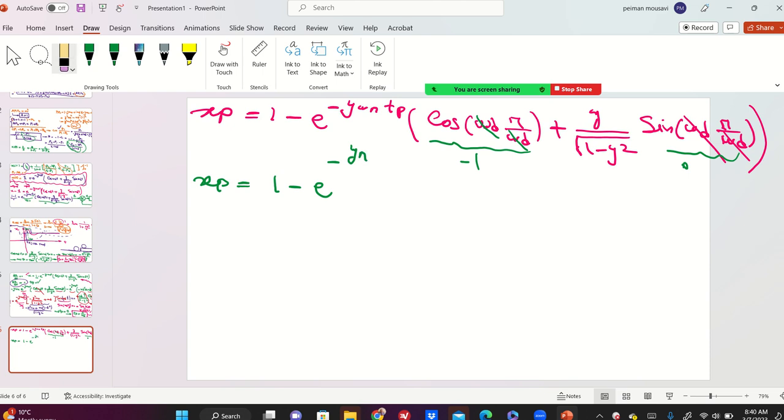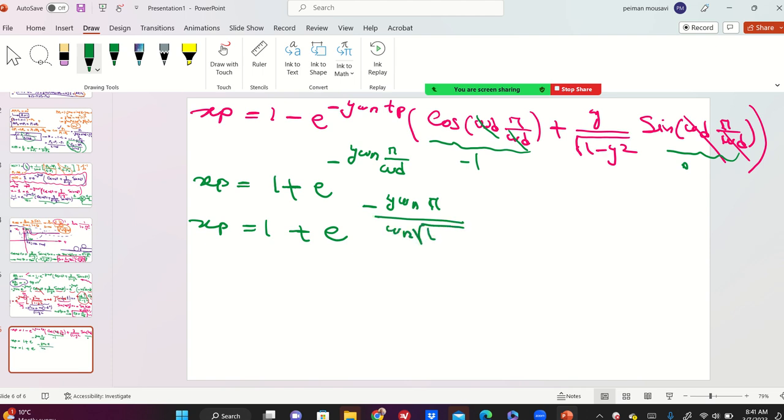Oh my god, I'm getting older, guys. Omega n, and Tp was pi over omega d. And this is minus 1. Minus and minus makes plus. So x p is equal to 1 plus e to the minus zeta omega n pi over omega d, and omega d is omega n square root of 1 minus zeta square.